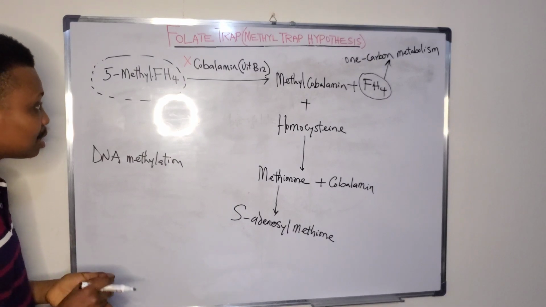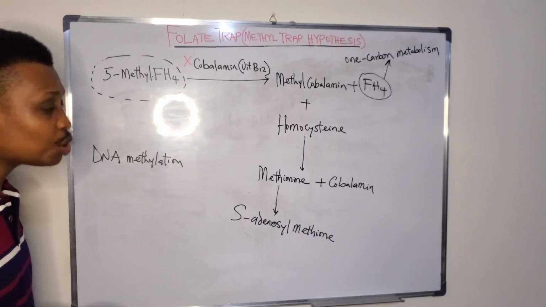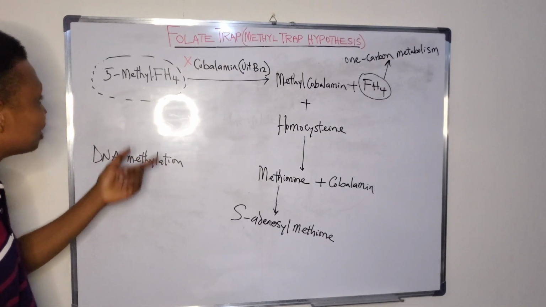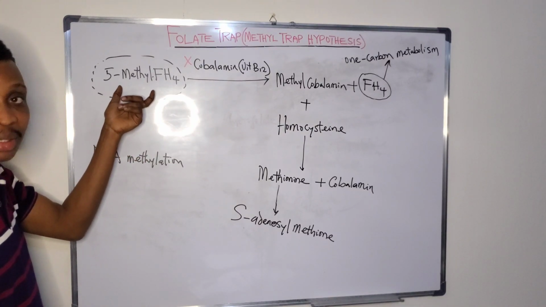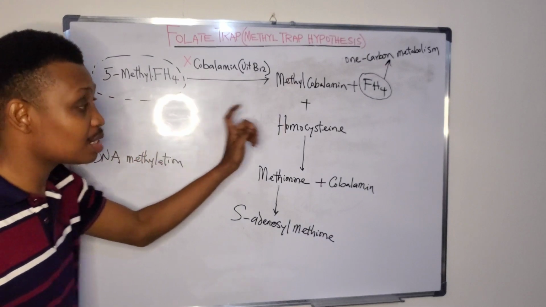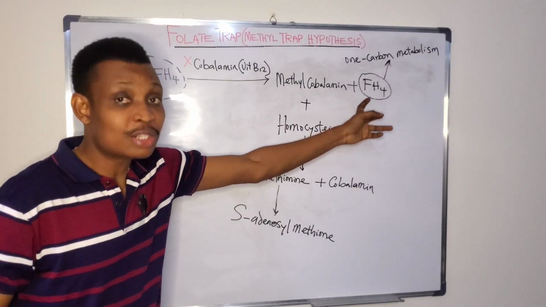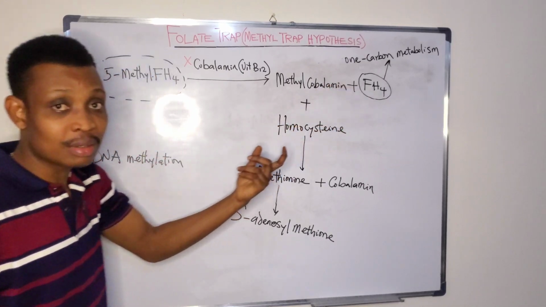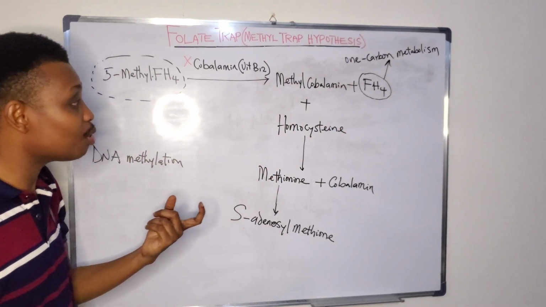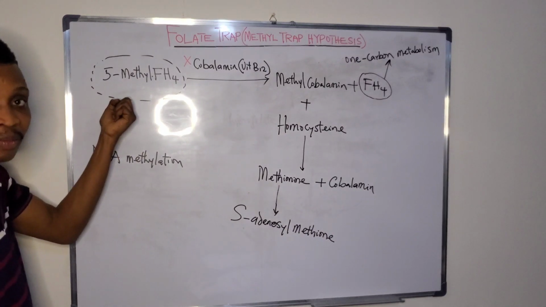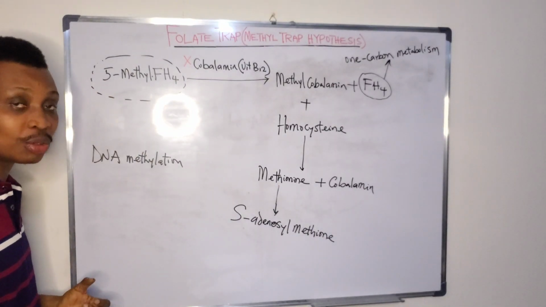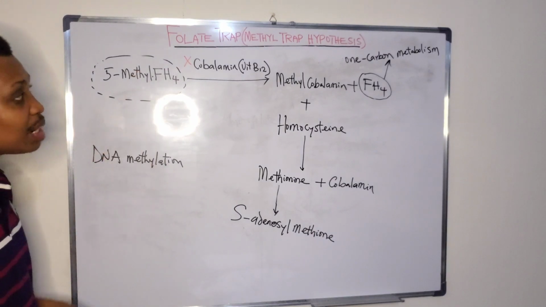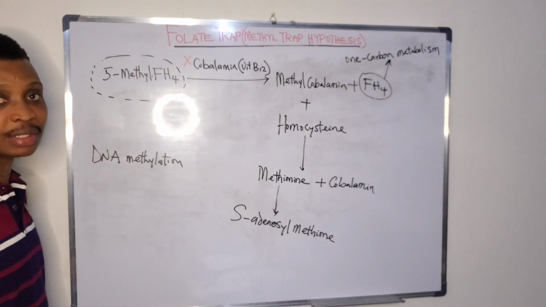So a condition where there is deficiency of cobalamin such that 5-methyl tetrahydrofolate cannot dissociate to form tetrahydrofolate means the tetrahydrofolate, the biologically active form of folate, will be trapped in this form. It will be in the circulation, but it cannot function. So these processes explain the folate trap or the methyl trap hypothesis.